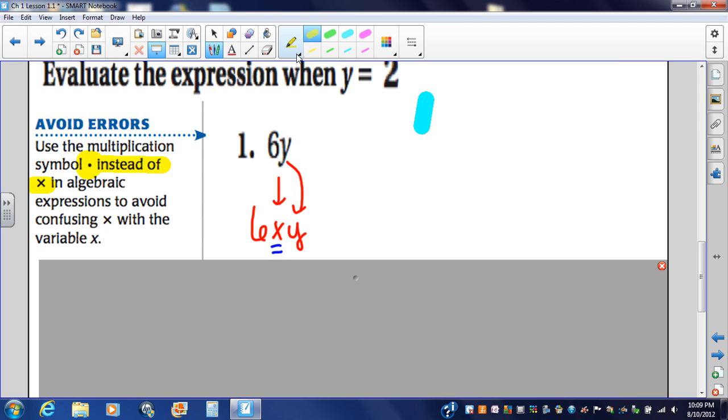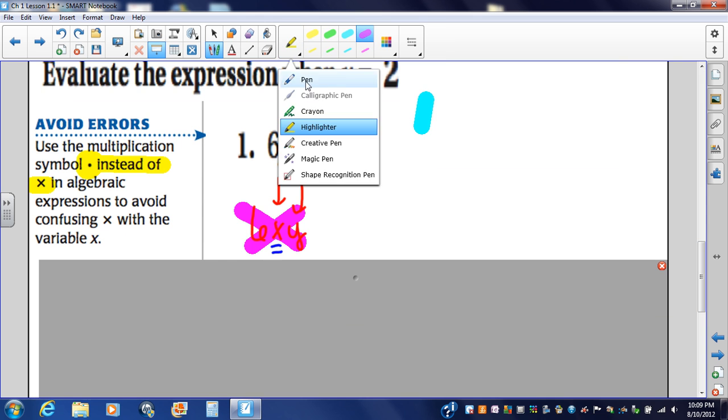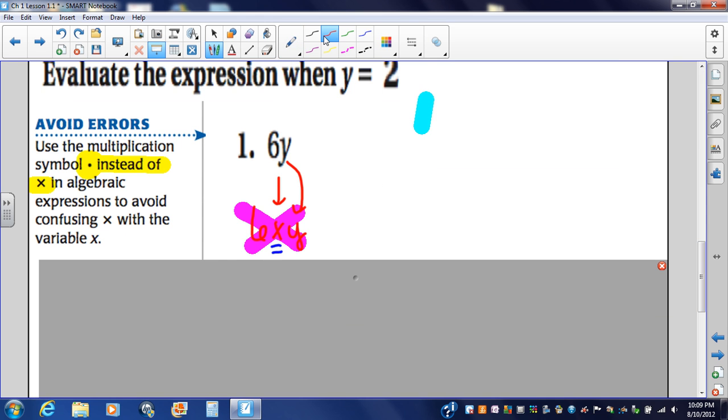Again, this would be a bad way to write the problem. It might be better to write the problem with a dot. So, on your paper, please write 6 dot for multiplication and then the variable y.